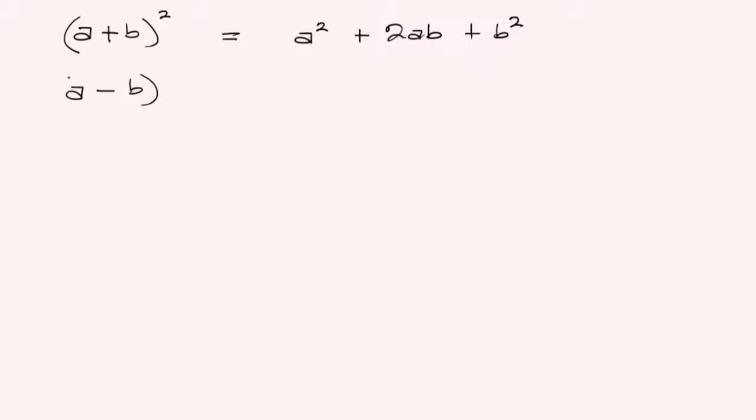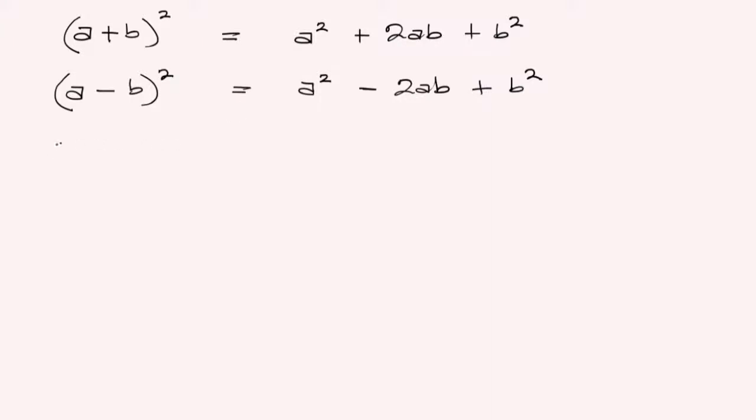And this is the third one that we also have to keep in mind. So in summary, we can have three expressions, two of them are perfect squares. When we have a plus b squared, this is going to be equal to a squared plus 2ab plus b squared. If we have another perfect square, a minus b squared, this is going to be equal to a squared minus 2ab plus b squared.